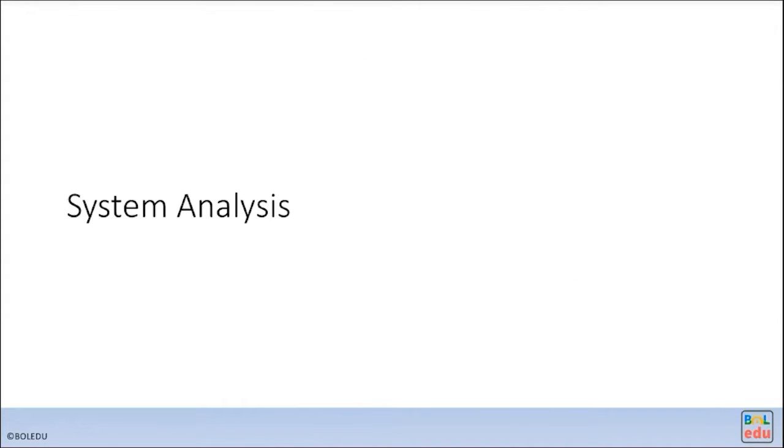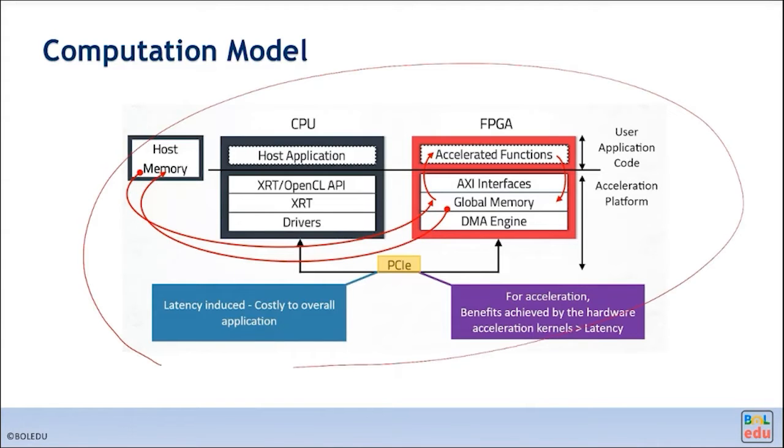Before that, I believe you are all familiar with this computational model. Originally you have the application program running on the CPU, and later on you identify some kernel function that could be accelerated, and then you move it to the FPGA part. The red curve here shows the necessary data movement.